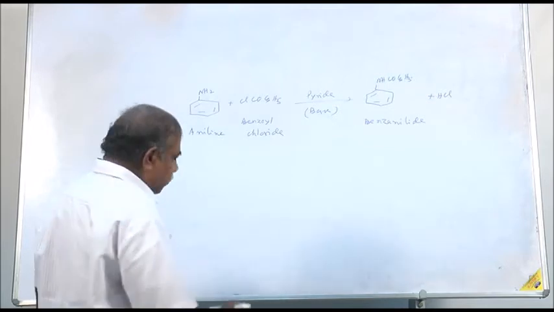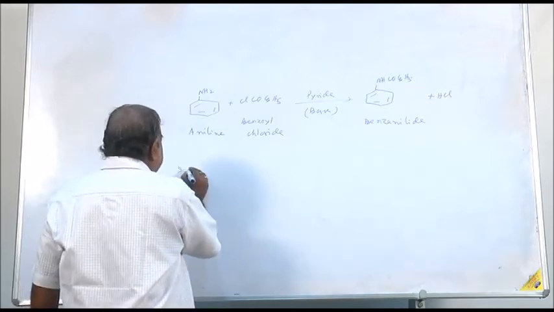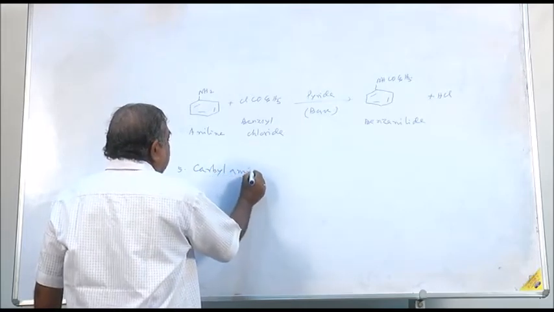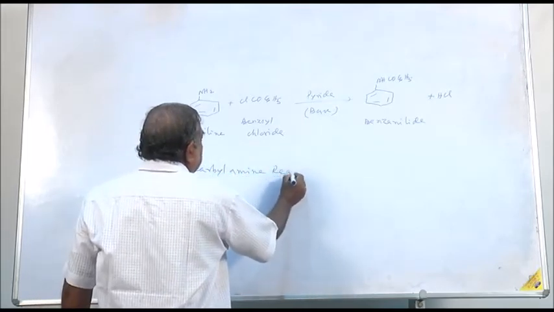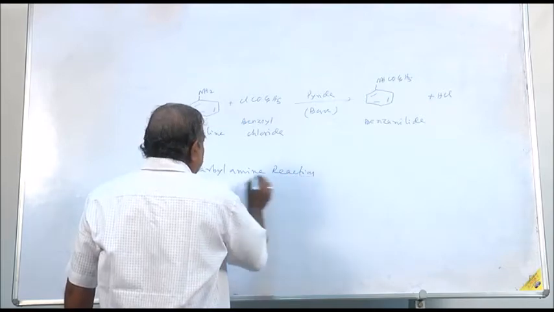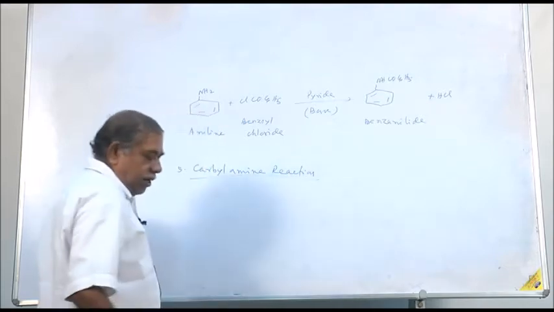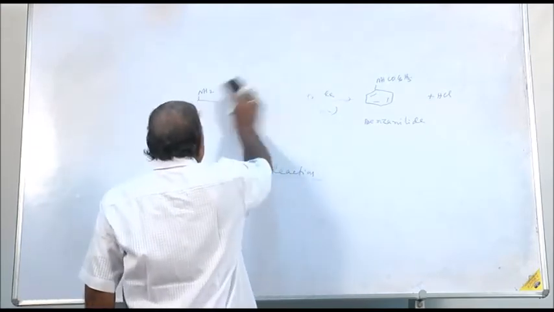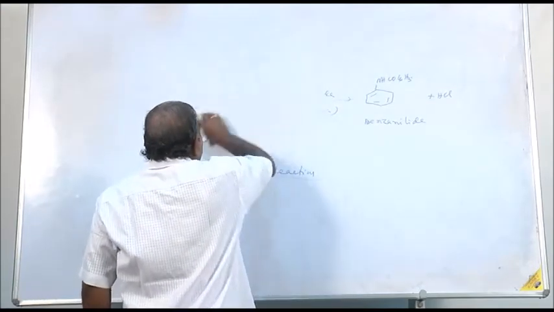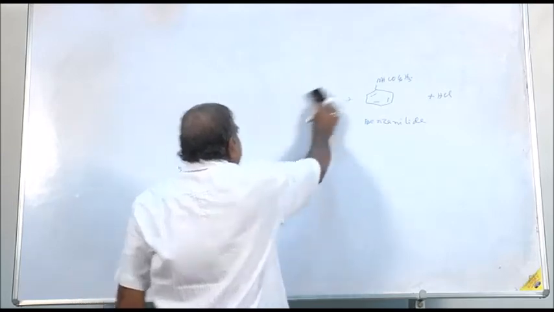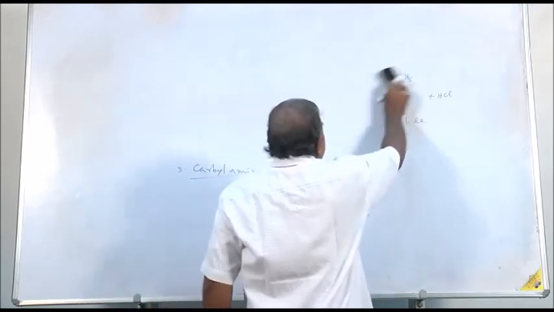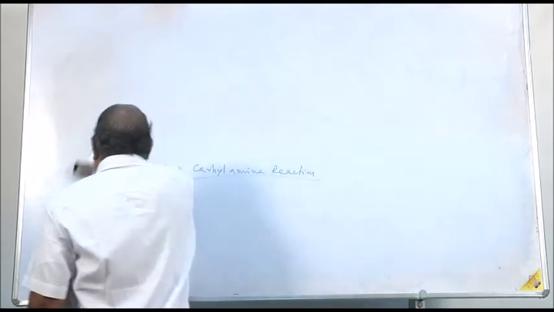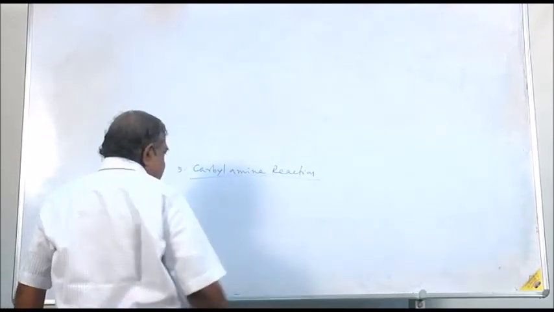Next is carbylamine reaction. Since aniline is a primary amine, it responds to the carbylamine reaction. I have told you, whenever carbylamine reaction is asked as a question, first write: this reaction is responded to only by primary amine, and underline that sentence.